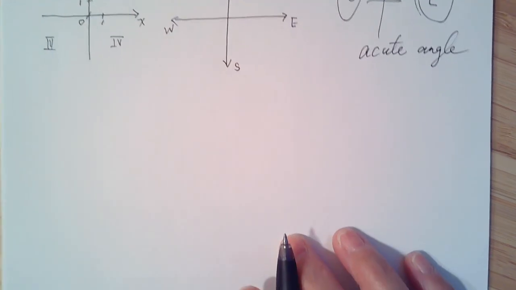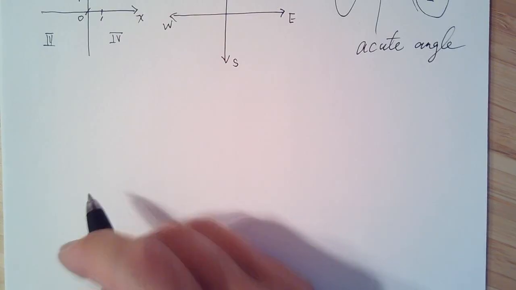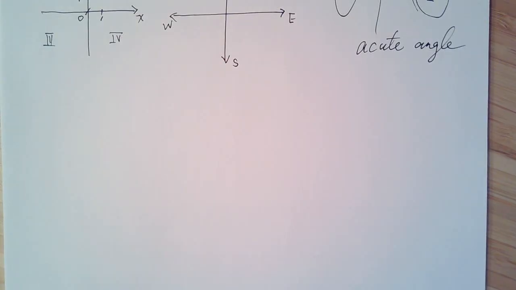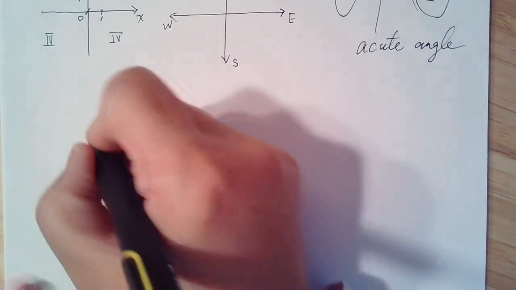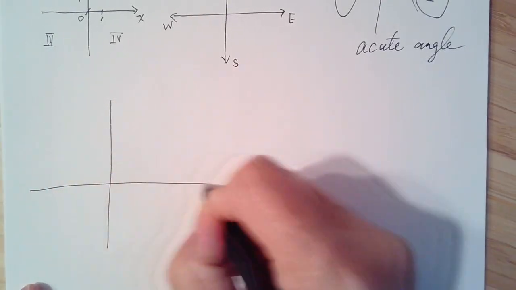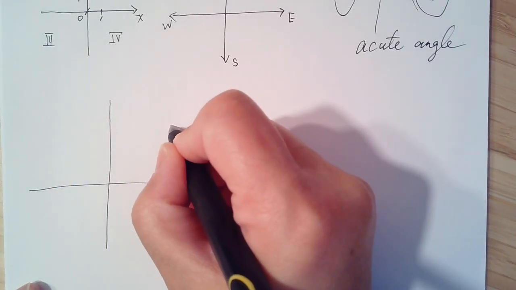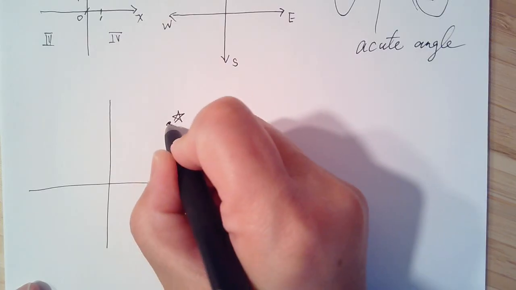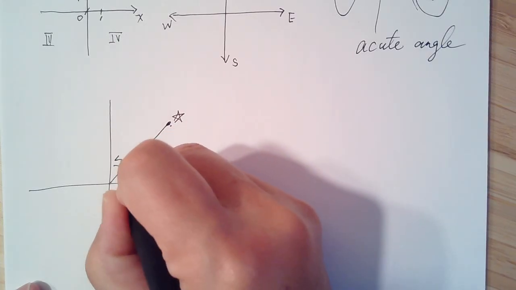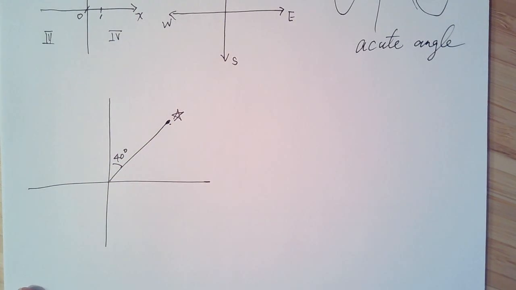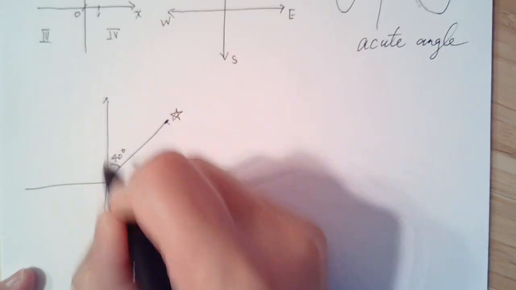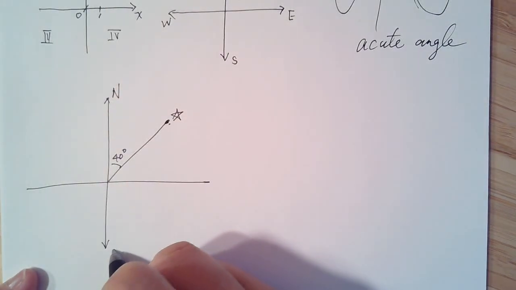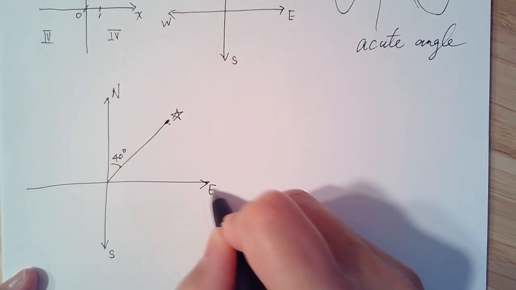Now, keep going. I want to ask you this. How do you describe this little star if this angle is 40 degrees? How do you describe the direction of that? You will be very familiar with this.